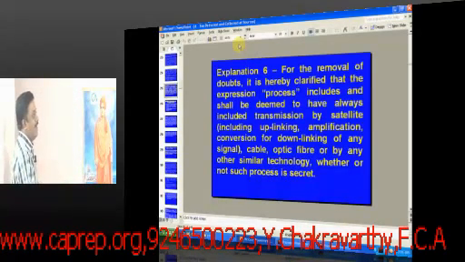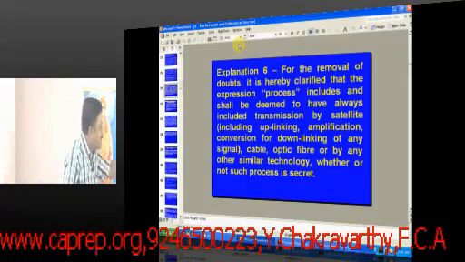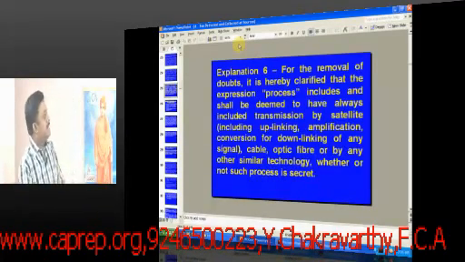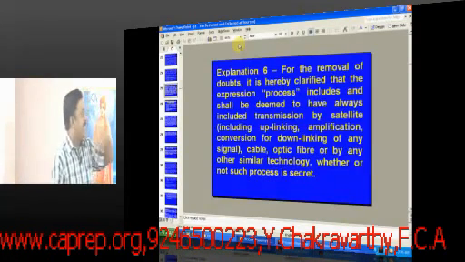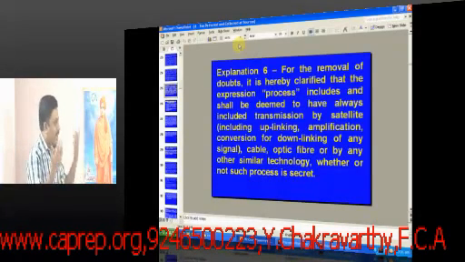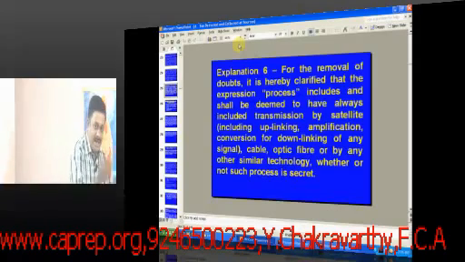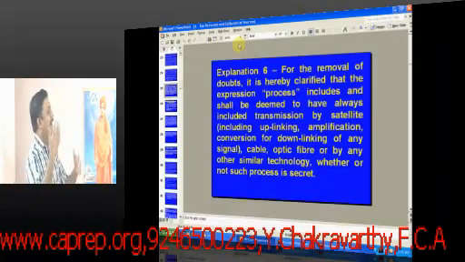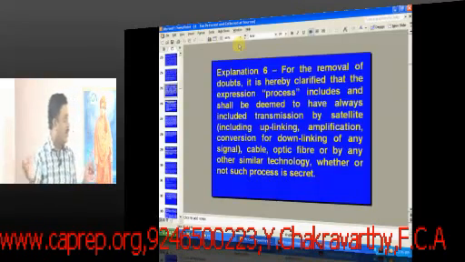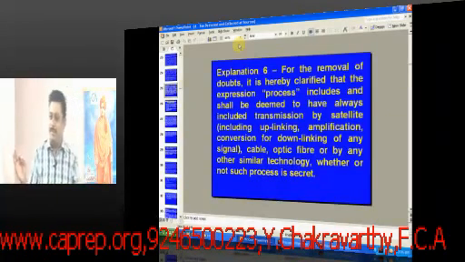Explanation 6. For removal of the doubts, it is hereby clarified that the expression process includes and shall be deemed to have always been included transmission by any satellite, including uplinking, amplification, conversion for downlinking of any signal, cable, optical fiber or by any other similar technology, whatever may be the name, whether or not such process is secret.